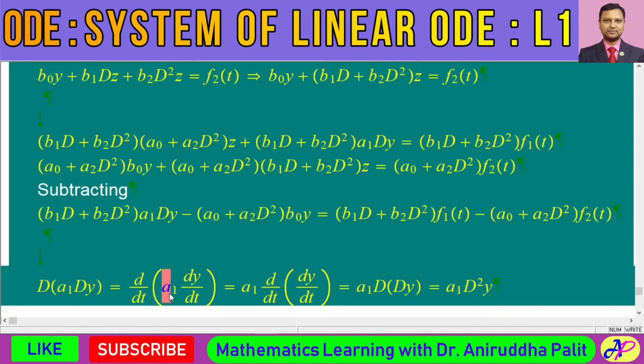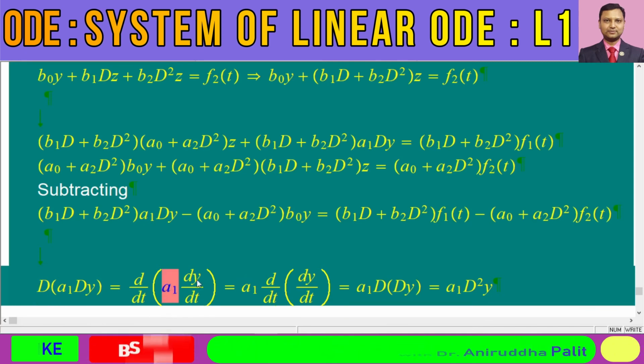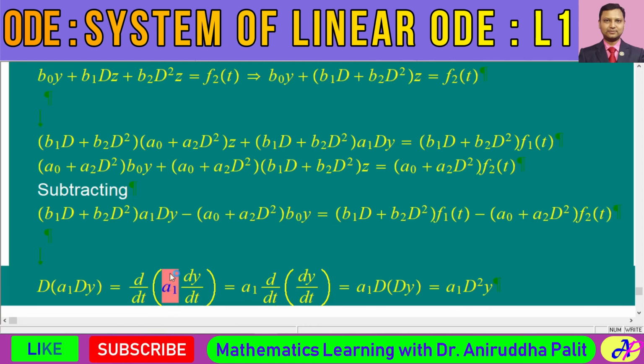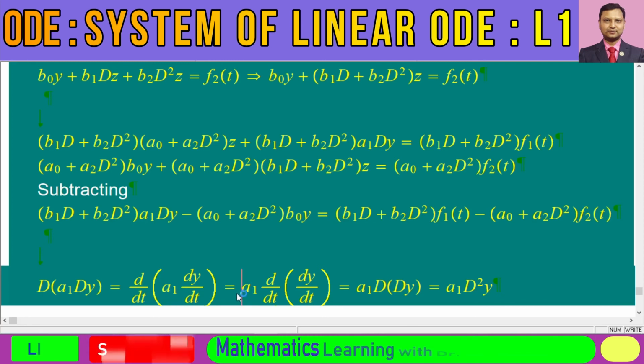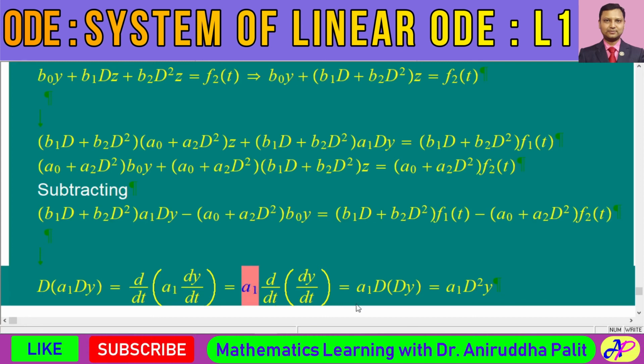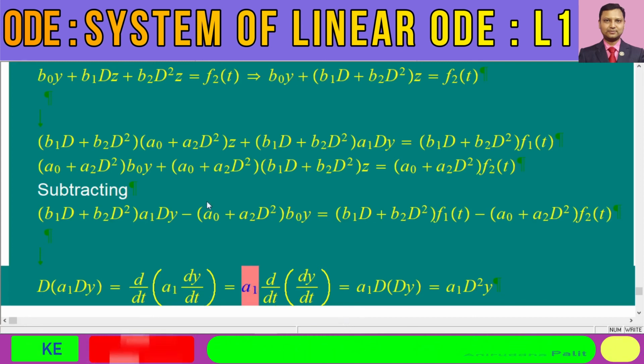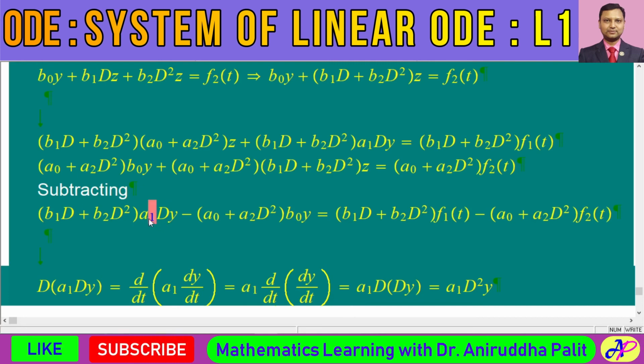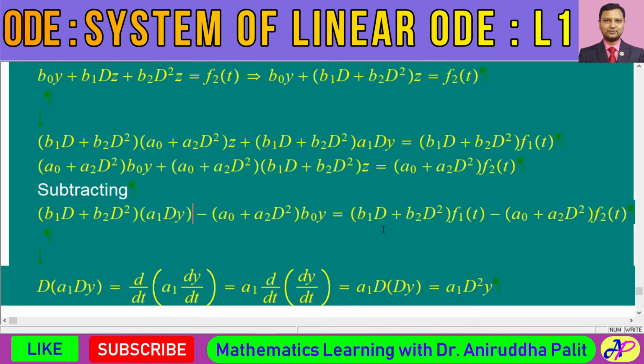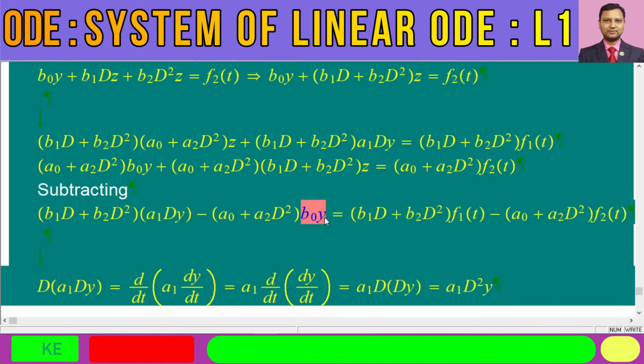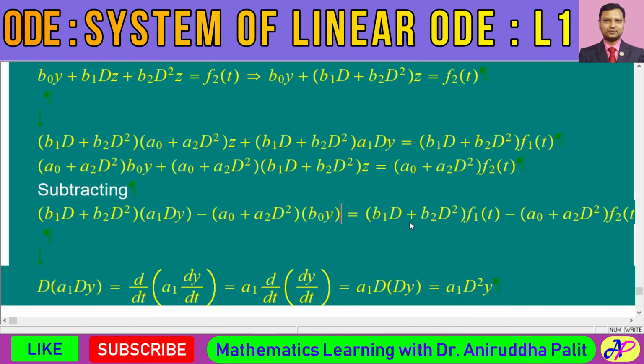We can always shift this kind of coefficients outside the derivative. And that's why over here in this term, I should write it within a bracket. Again, this should also be written within a bracket.